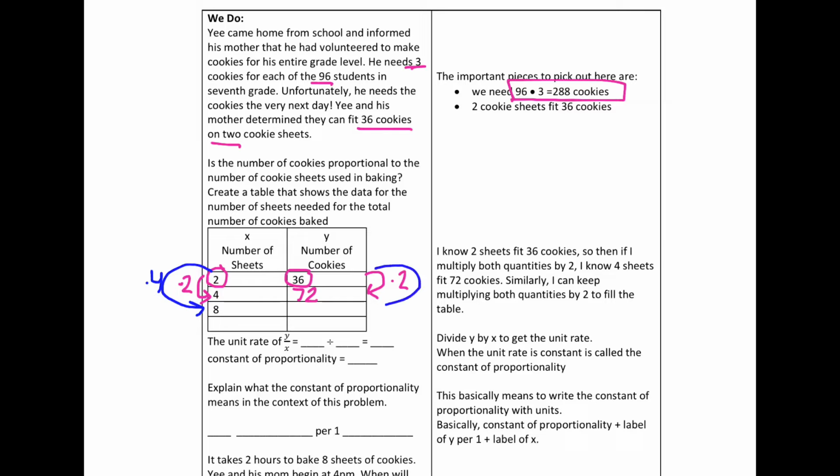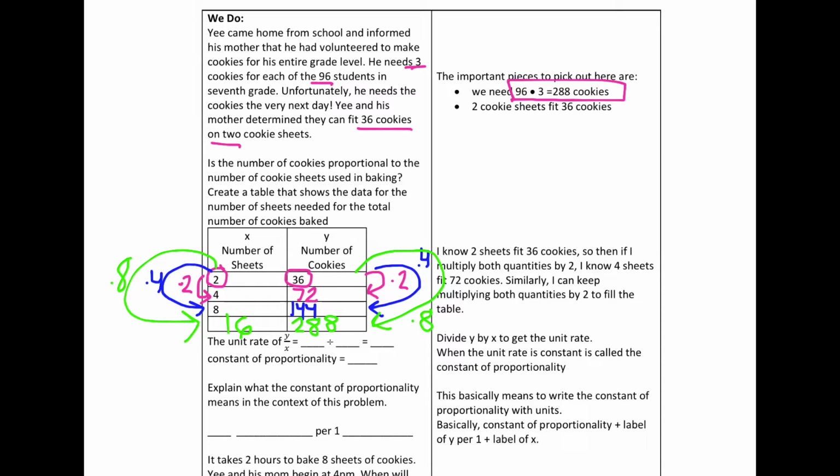So if I multiply 36 by 4, I will get 144 cookies. For my last value in this table, I'm going to take 2 and multiply it by 8 to get 16. That means I'm going to do the same thing with 36. I'm going to multiply it by 8, and I get 288.